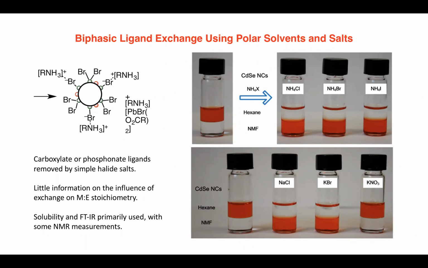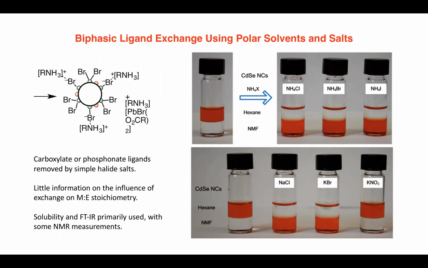Other things like sodium salts, potassium salts will do it, but you have to have an anion that coordinates. Nitrate is not a very good ligand apparently, and it doesn't outcompete the carboxylate. I find it remarkable that a halide ligand is sufficient to displace a carboxylate ligand. I find that surprising, actually.